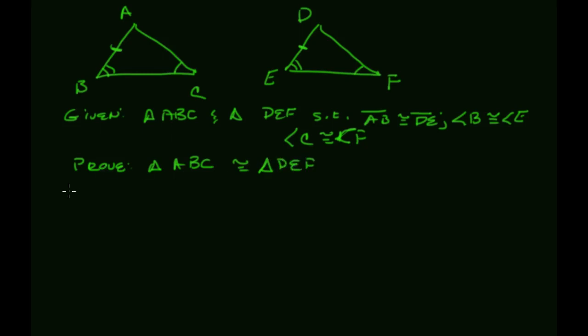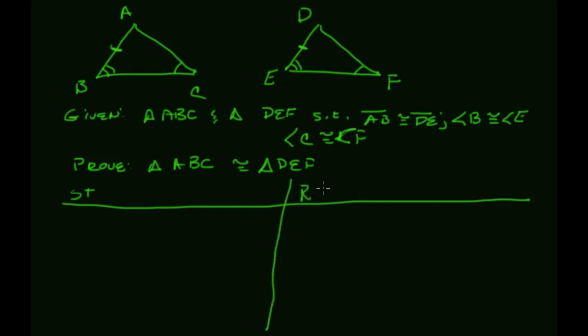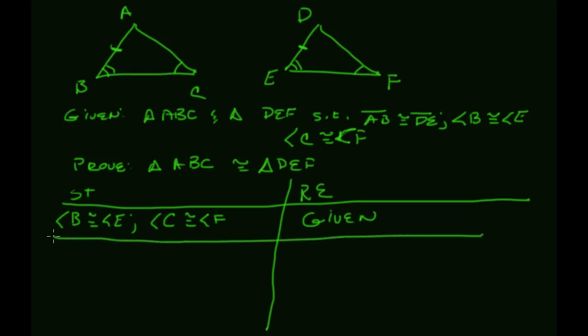I want to show that we have sufficient evidence for that. So we have statements and we have reasons. Right off the bat, we're given a bunch of information here, so let's get some of that on the board. Angle B is congruent to angle E, and angle C is congruent to angle F. And how do we know this? We are given it. That's pretty straightforward.